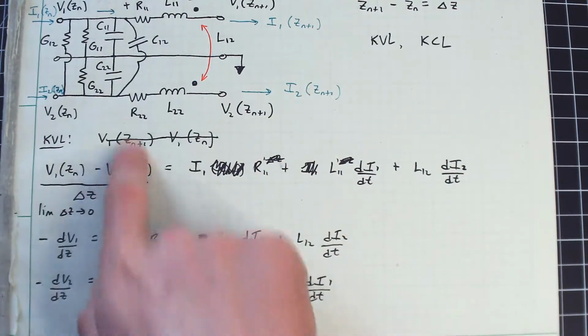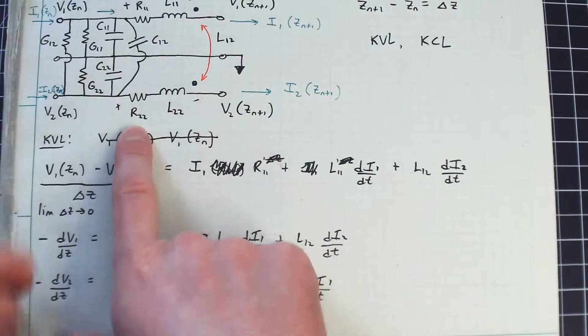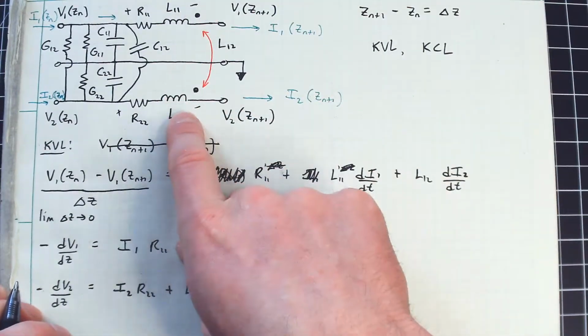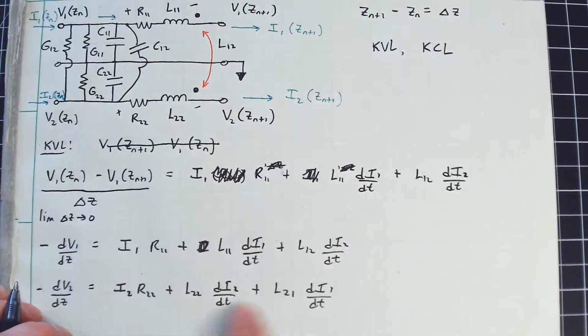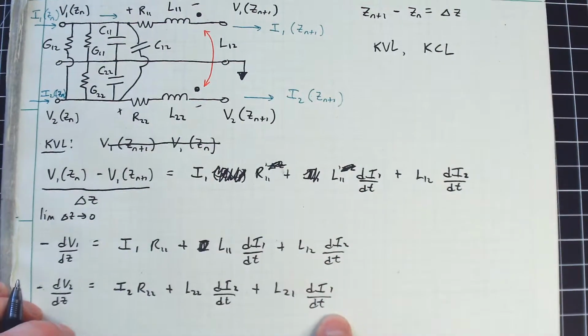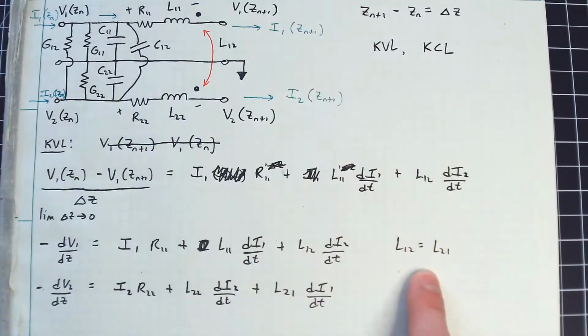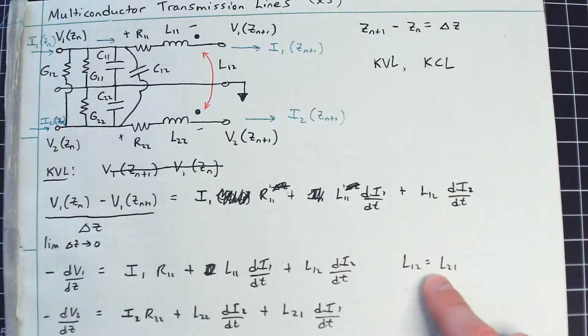So you have this idea that there's a voltage drop from here to here, and current changing up here is going to create an EMF, an induced voltage over here, which is represented by this term. And by reciprocity, we also know that L12 is equal to L21. That is a fundamental property of transformers in general.